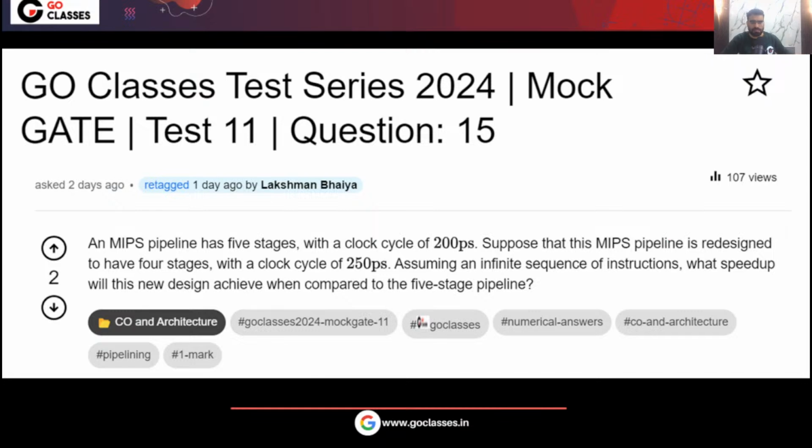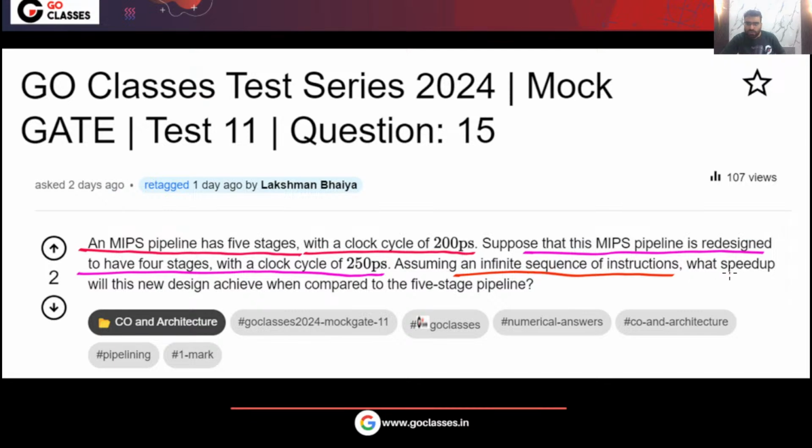Let's solve this question. This is another question from computer organization, and it is a very simple question on pipelines. A MIPS pipeline has 5 stages with a clock cycle of 200 picoseconds. Suppose the MIPS pipeline is redesigned to have 4 stages with a clock cycle of 250 picoseconds.